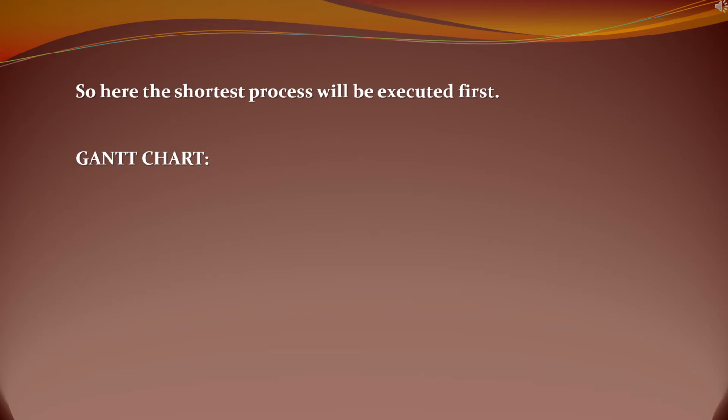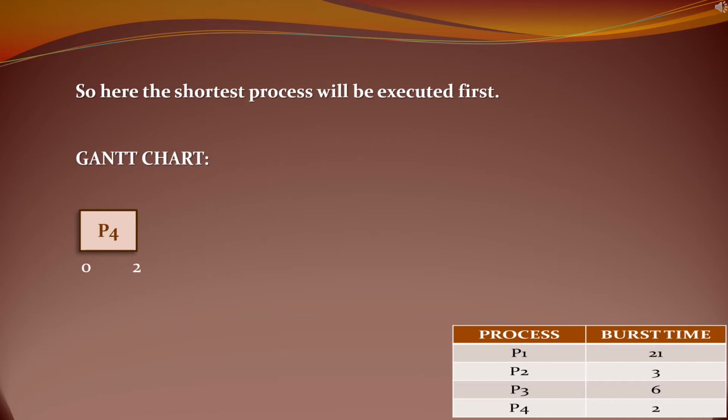So here the shortest process will be executed first. Now to solve this problem, we have to prepare a Gantt chart. As per the data in the table, the shortest burst time is for P4.